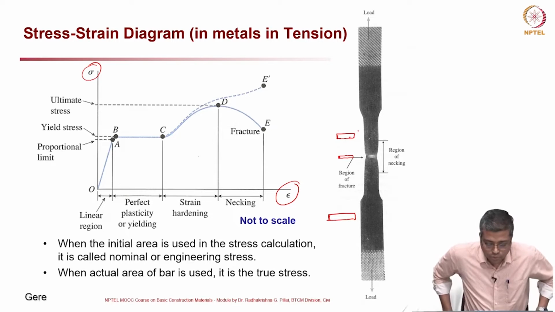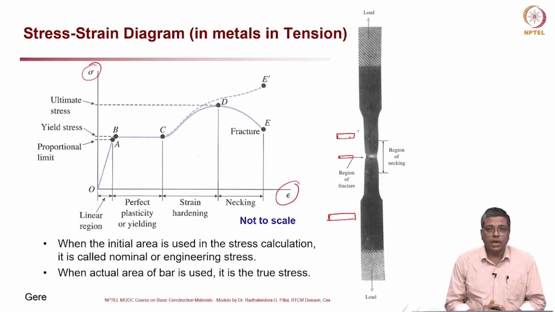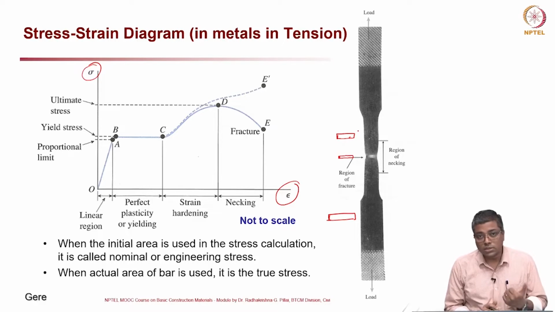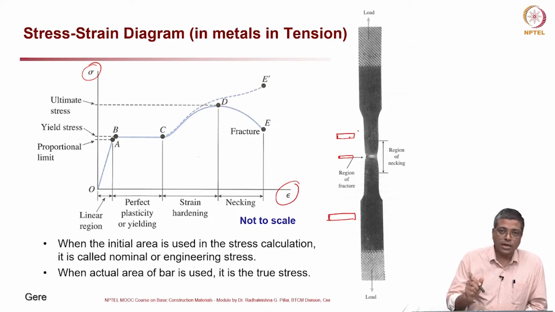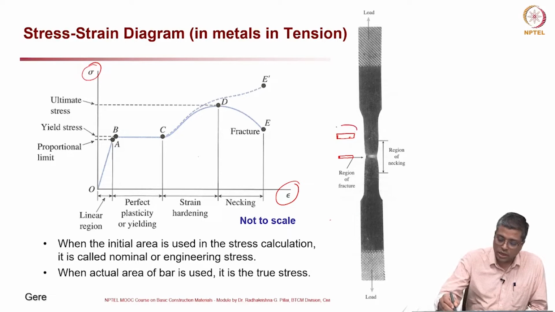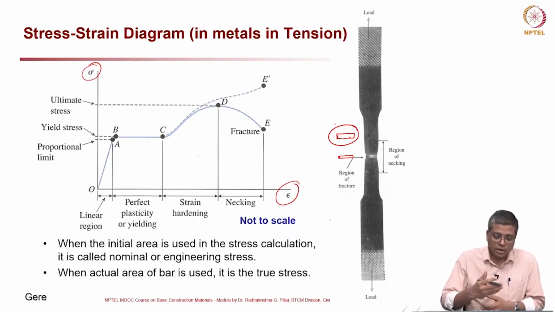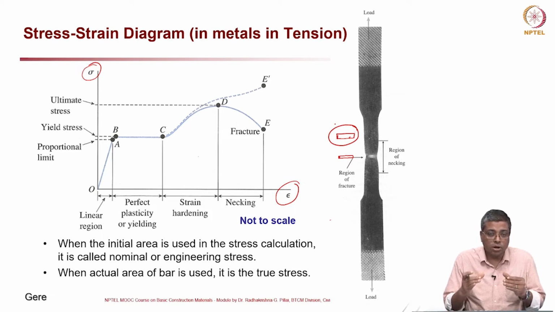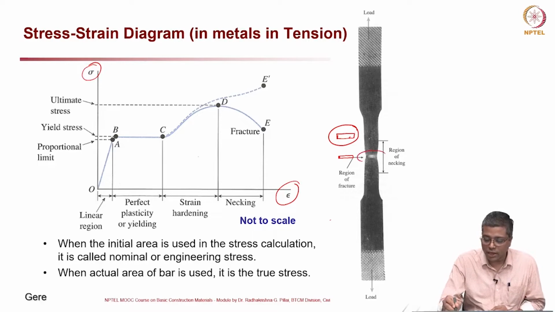Now, consider when the initial area of the specimen is used to calculate the stress. What is stress? Stress is force divided by the area. If you use the initial cross sectional area of the specimen, then after some tension is applied, the material's cross section can reduce, and necking can happen.